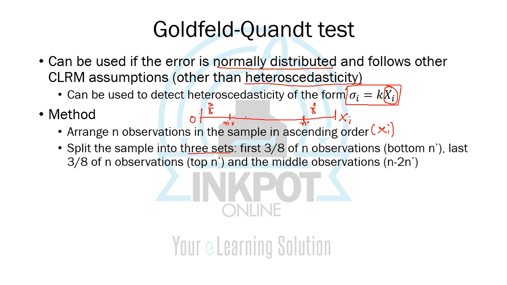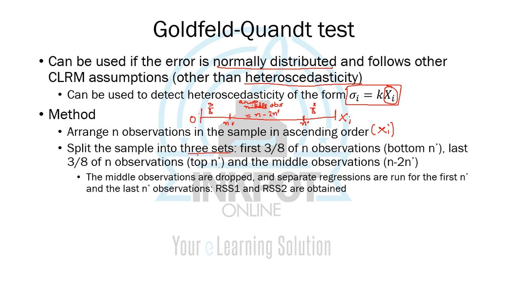Now we have in between the middle observations. Okay, and the middle observations are basically equal to n minus 2n prime. And we drop these observations, we drop the middle observations.